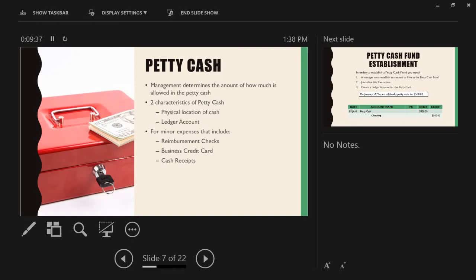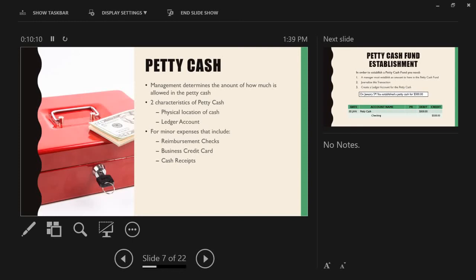He made a charge for the business using his own credit card, and I go ahead and write a reimbursement check. Okay? I can also have a business credit card and give him the credit card and make sure I log that he has it. And if he makes any extra charges, I would be able to see it because I have access to the business credit card. So if he goes and buys copy paper, he needs to give me the receipt so I can validate that credit card transaction.